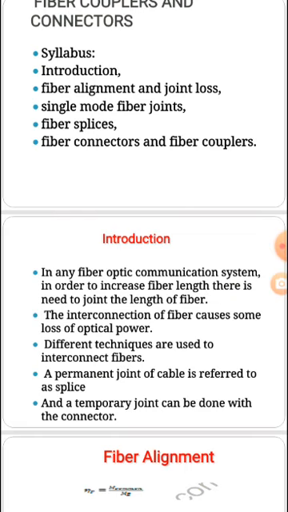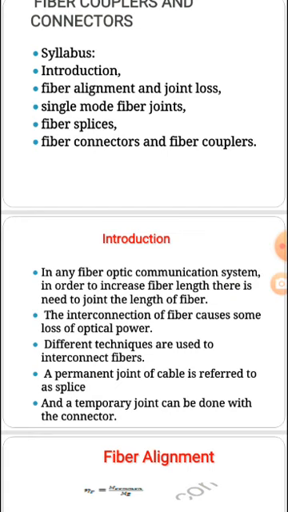Because in practical applications, the communication distance may be so many kilometers, maybe 100 or 200 kilometers, and it is faster communication which provides larger bandwidth, but one fiber cannot be drawn from the sending point to the destination point. There are so many fibers which are joined together in a very sophisticated way, making a single structure.